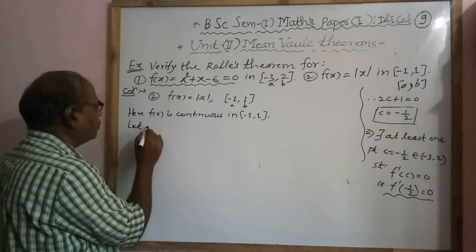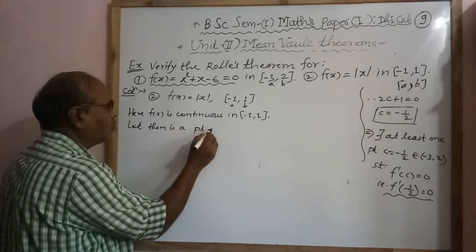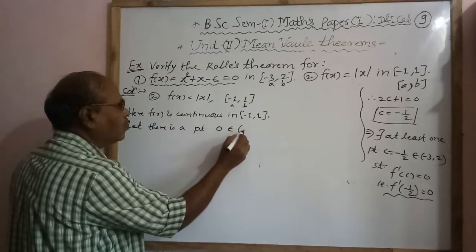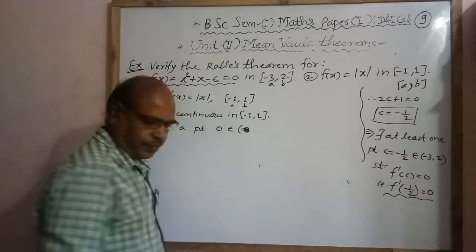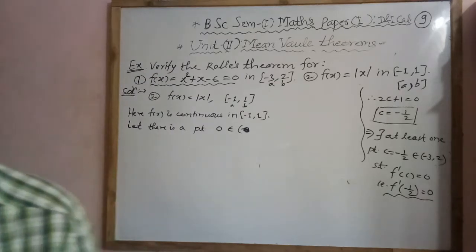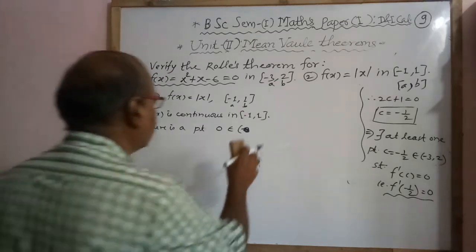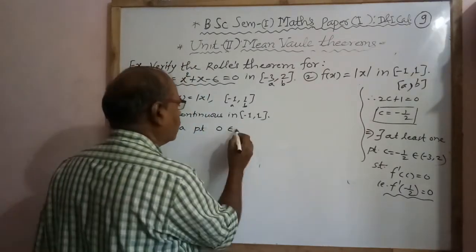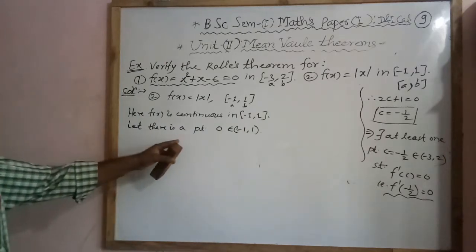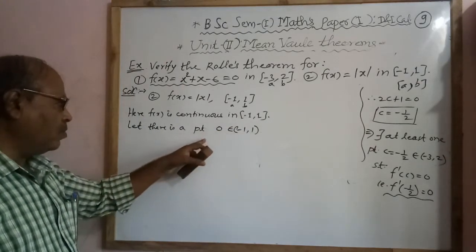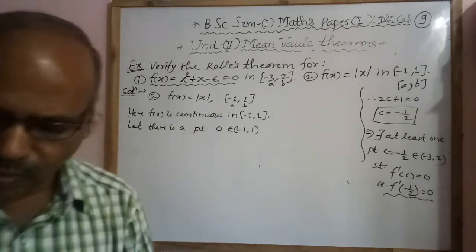Let there be a point 0 belonging to the open interval minus 1, 1. Now I show that this function is not differentiable at the point x equal to 0 in the open interval minus 1, 1.